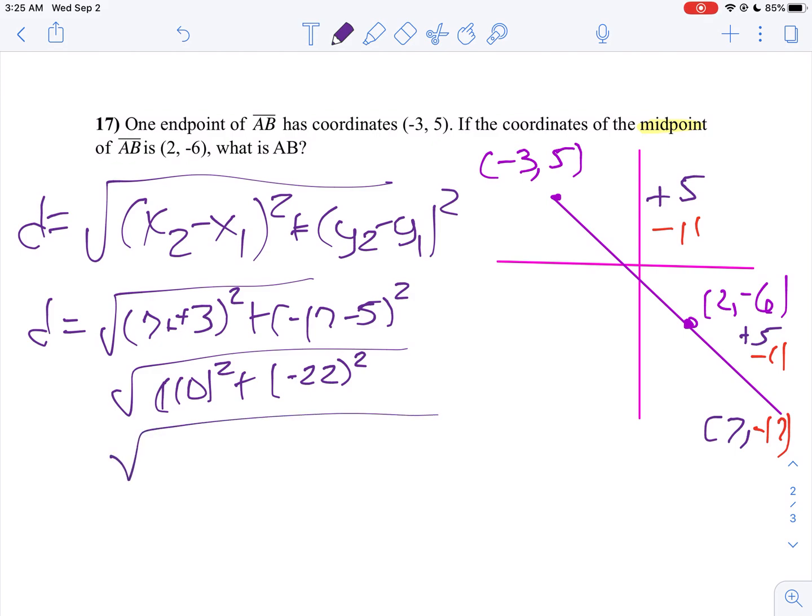Well, let's square both these terms. So 10 squared is 100. -22 squared is a positive number, so that's 484. We'll add those two up. 100 plus 484 is 584.